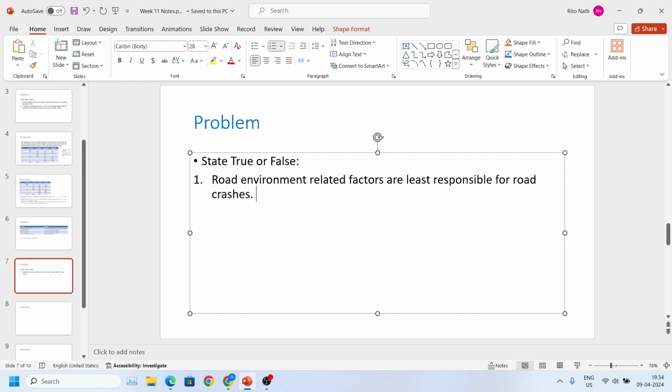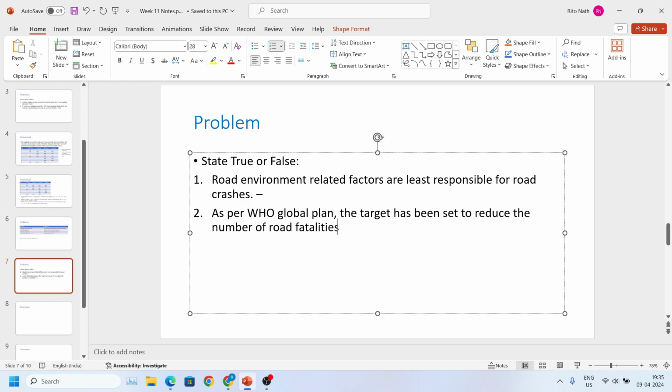Second one is: as per the WHO global plan, the target has been set to reduce the number of road fatalities and serious injuries by 50% within 2030.